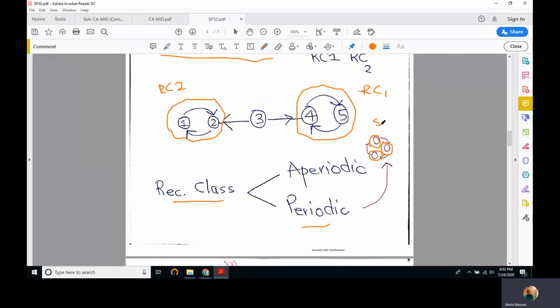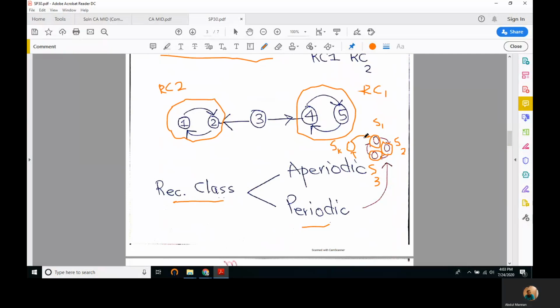All the arrows that come out of S1 enter into S2, and all the arrows that come out of S2 enter into S3, and all the arrows that emerge out of SK, where K is the number of subsets that the states of this recurrent class are divided into, enter the first set S1.